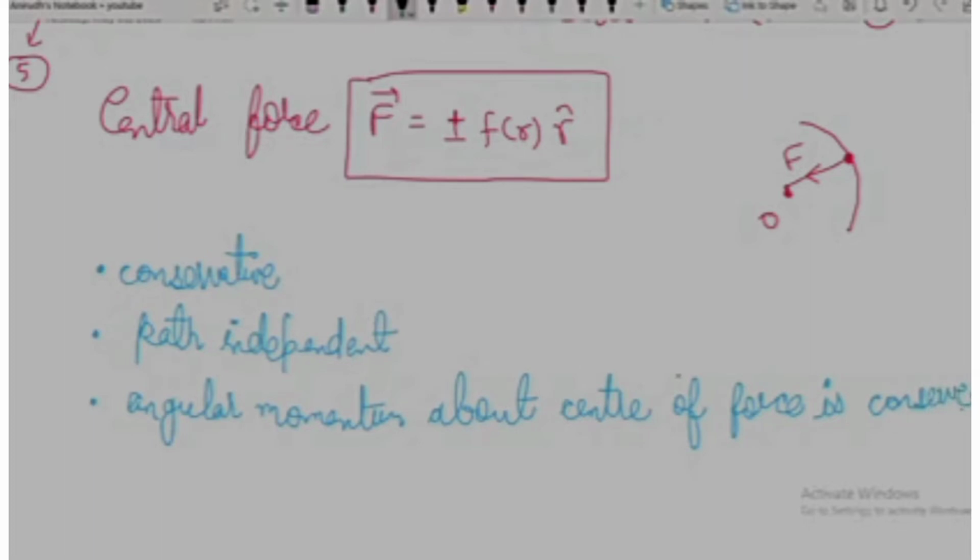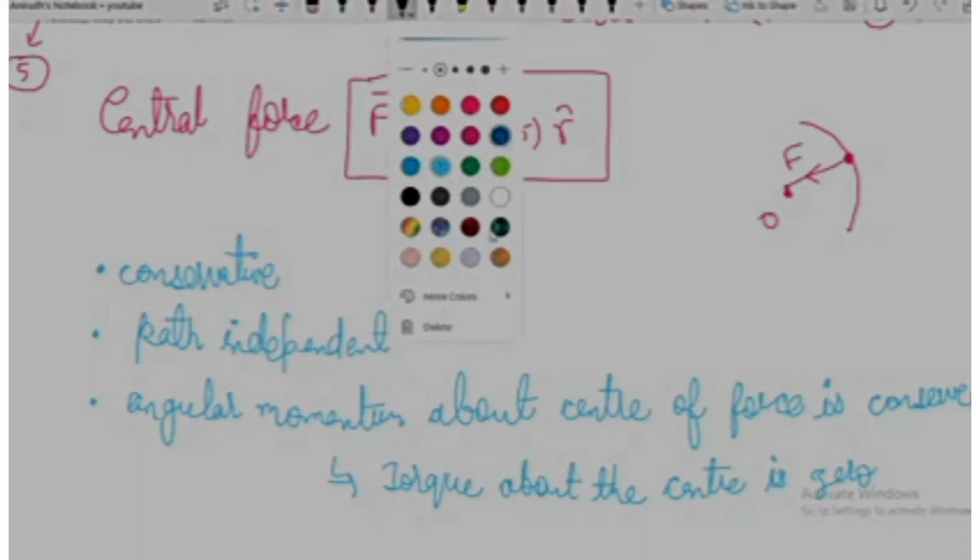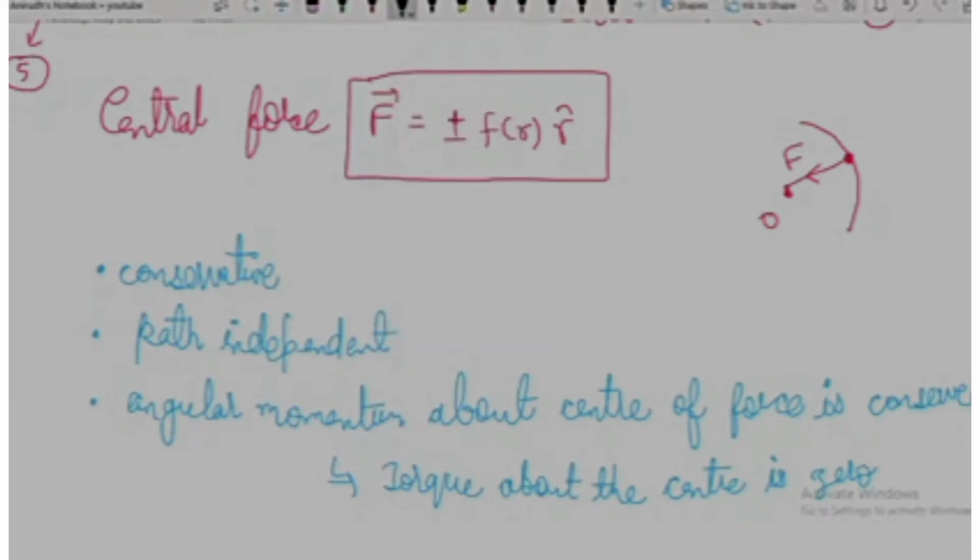This is conserved because the torque in this case about the center is 0. Torque about the center is 0. That's why we are saying that the angular momentum is conserved.